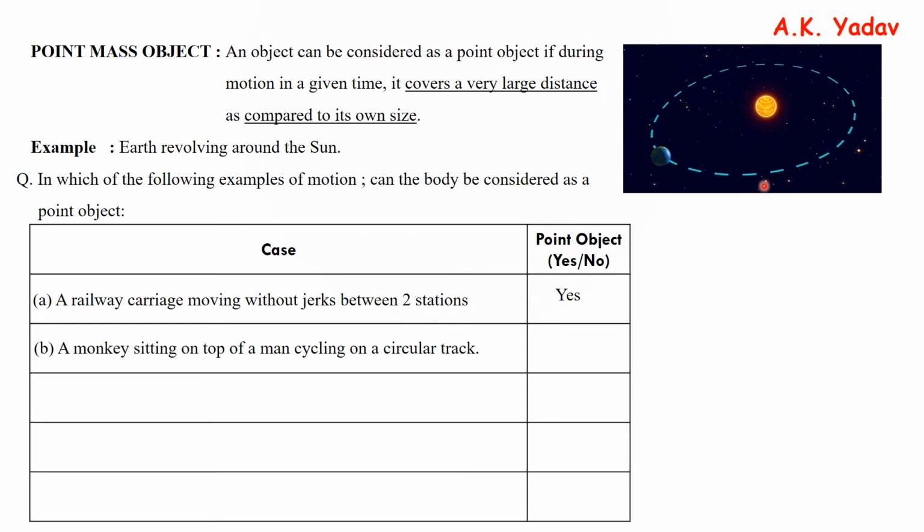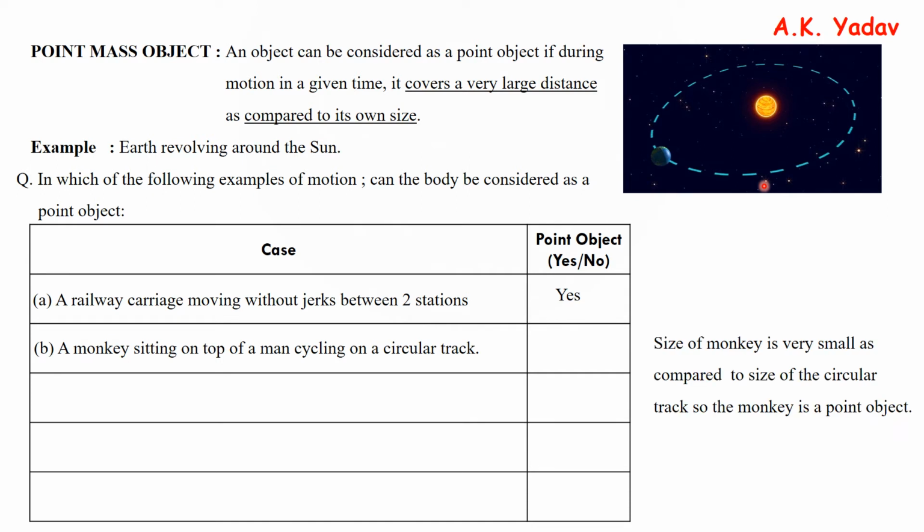Next, a monkey sitting on top of a man cycling on a circular track. The size of the monkey is very small as compared to the size of the circular track. So the monkey is a point object. Here the point in consideration is that the size of the circular track is very large, so this was again a point mass object.